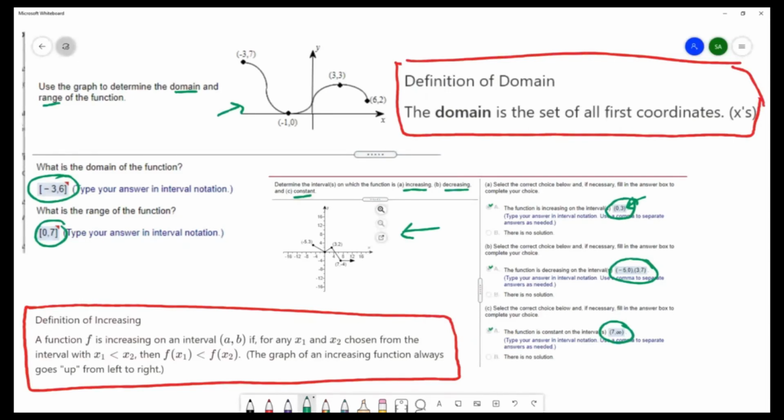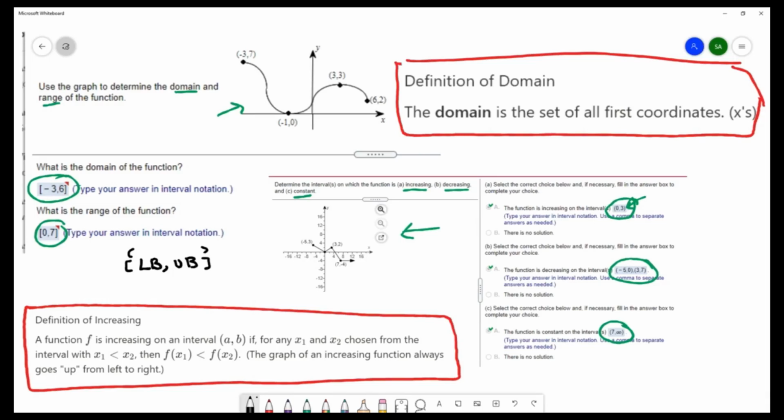So first of all, both questions are using what's called interval notation. And in interval notation, you have a lower bound number, you have an upper bound number, and you're going to use either parentheses or brackets next to the lower bound number, or parentheses or brackets next to the upper bound number.